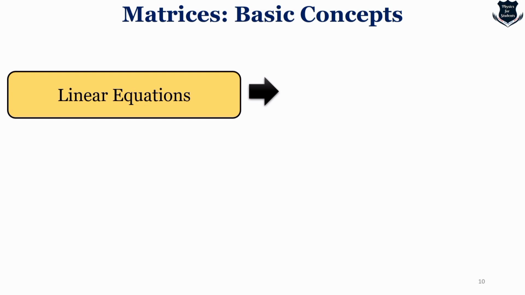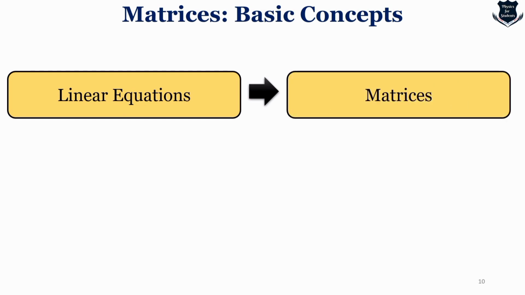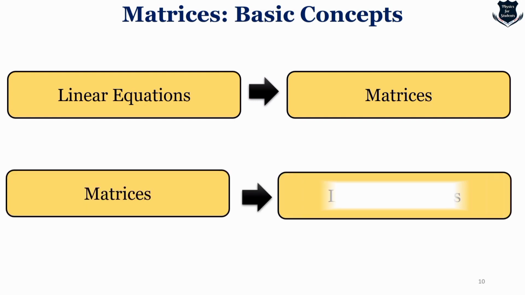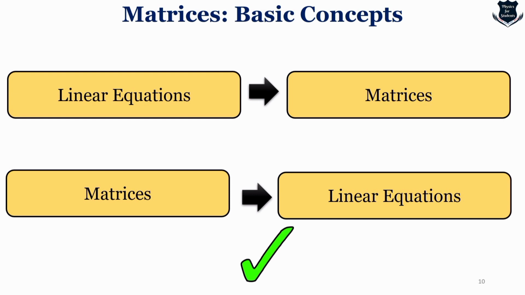Okay. Now here I would like to tell you before we go ahead, in some of the books you will see that they first teach you linear equations and then they go to matrices. And there are some books which teach matrices first and then go to linear equations. We will take the second approach because there is a reason I will tell you.